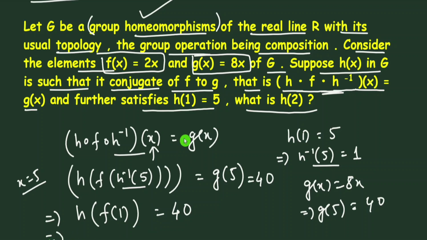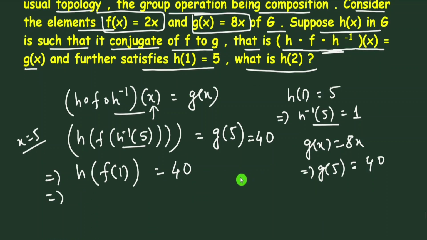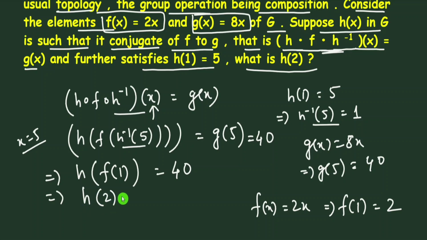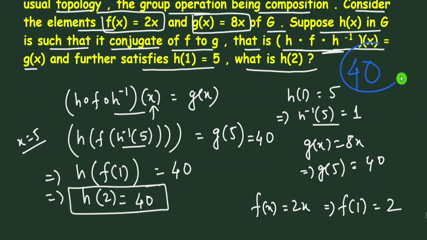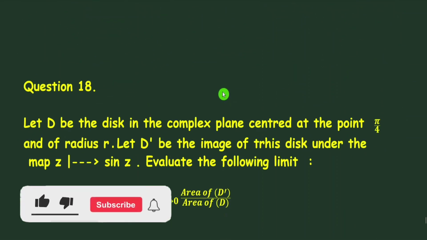Now f(x) equal to 2x is given, that means f(1) equal to 2 clearly, therefore h(2) is equal to 40. This is a very easy question, so 40 is our clear answer, therefore h(2) is equal to 40. Now go to the next question.